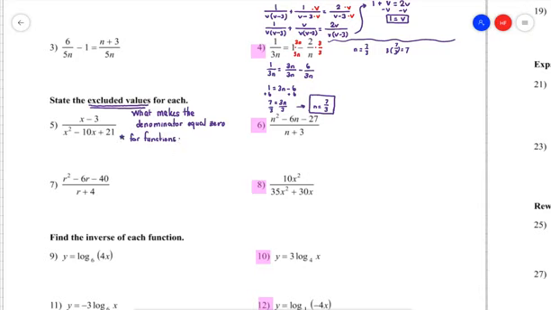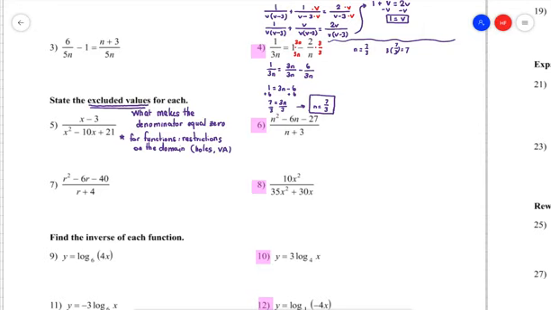For functions, this is restrictions on the domain. So that could be from holes or from vertical asymptotes. Whenever it says state the excluded values, these are excluded from our domain.